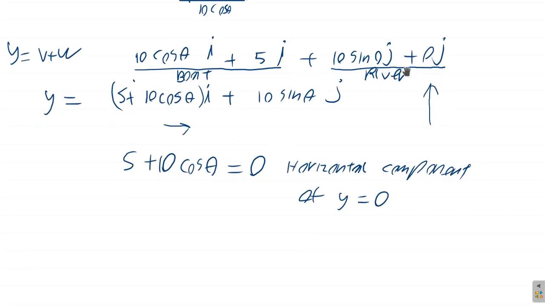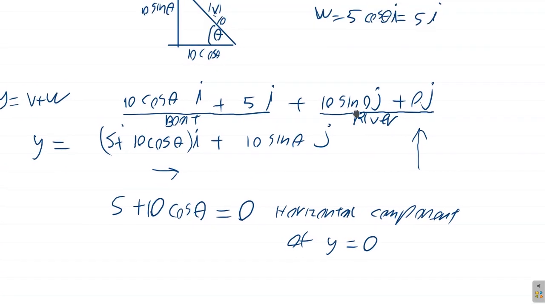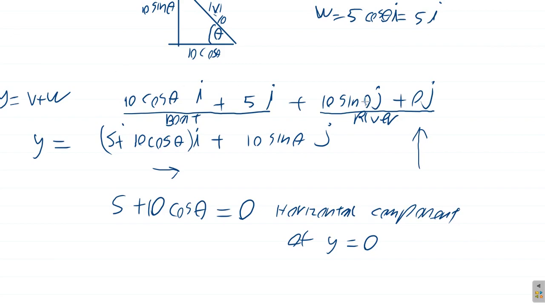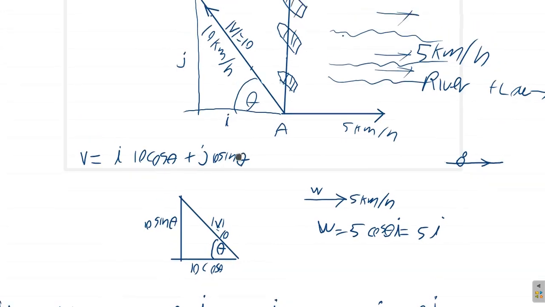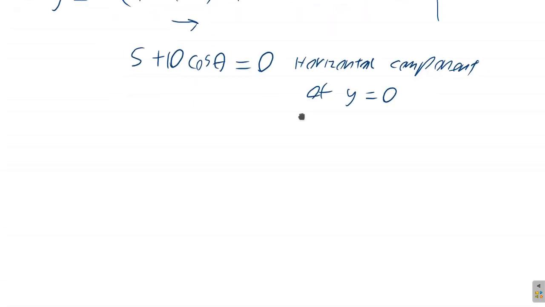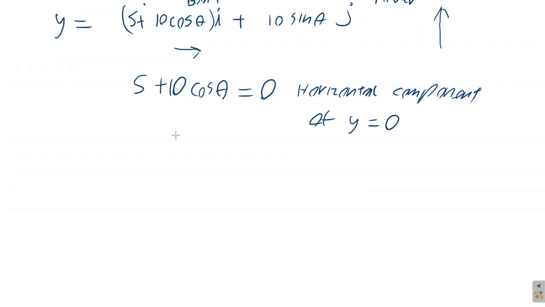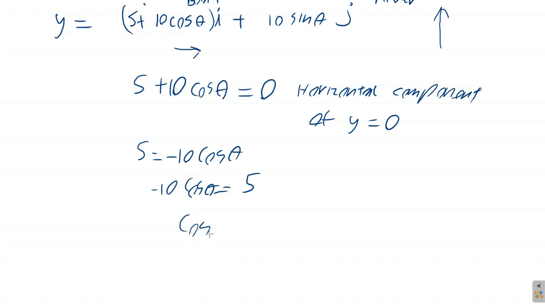Which is 10 sine theta j. And the horizontal component must be 0. So you say 5 is equal to negative 10 cos theta. Negative 10 cos theta equals 5. So cos theta is negative 5 over 10, negative half.